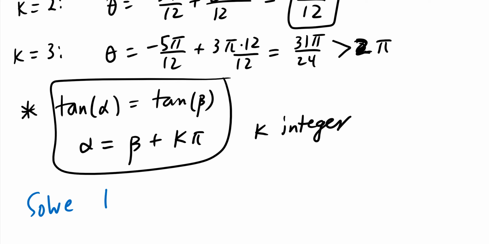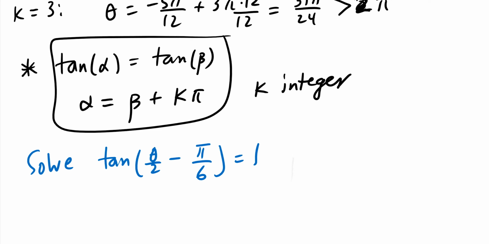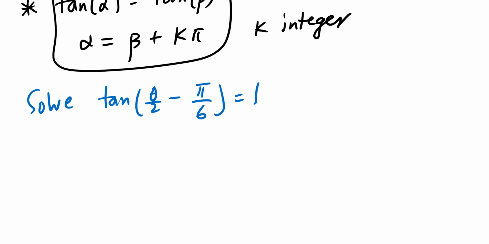Solve tangent of theta over 2 minus pi over 6 equals 1. Now, I'm not going to put any restrictions here on theta. Sometimes the question can ask us to find all the radian angles that would satisfy this equation, for example.